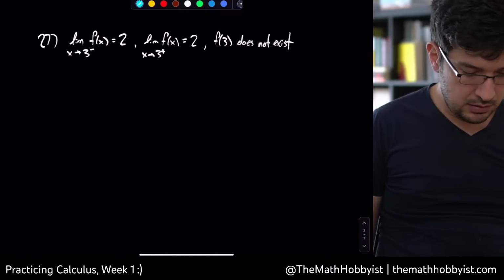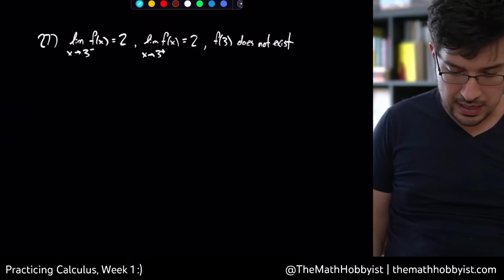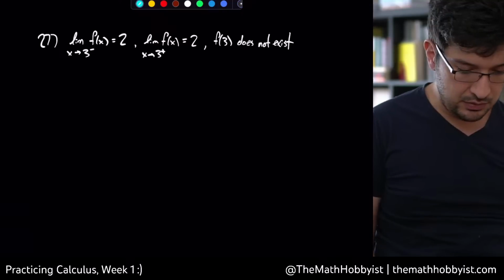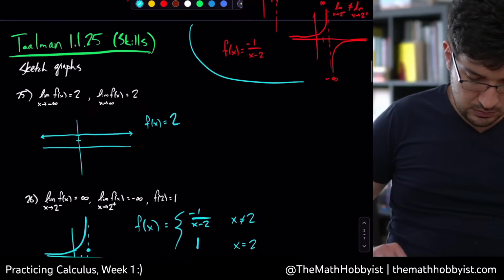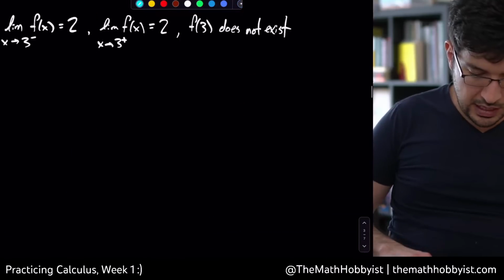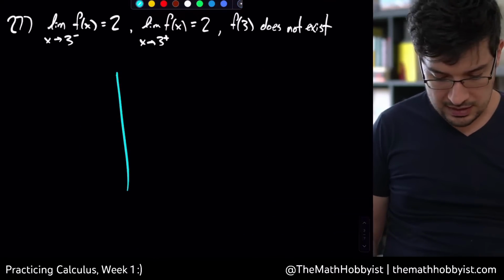Limit from the left and from the right, both are 2, but f of 3 does not exist. How is this different? Well, okay, again, this is not that interesting.